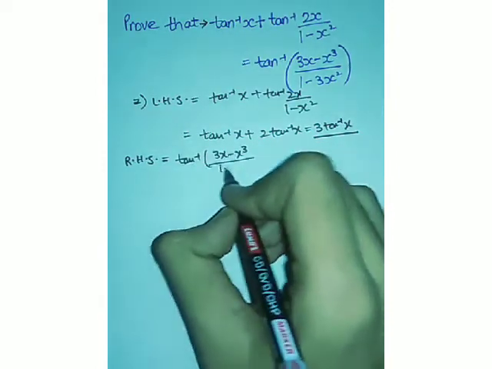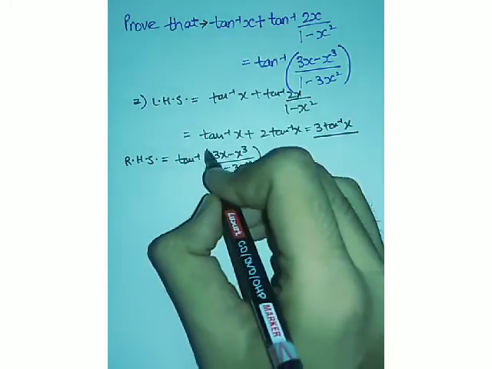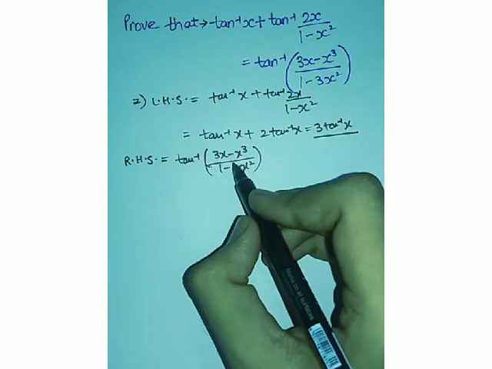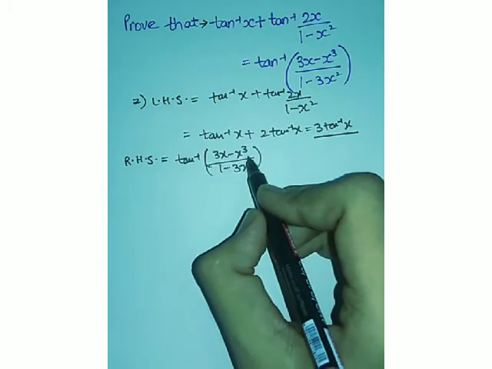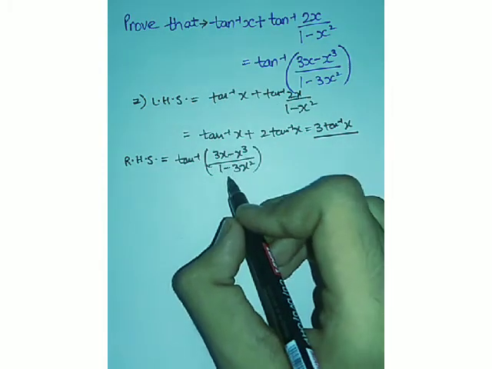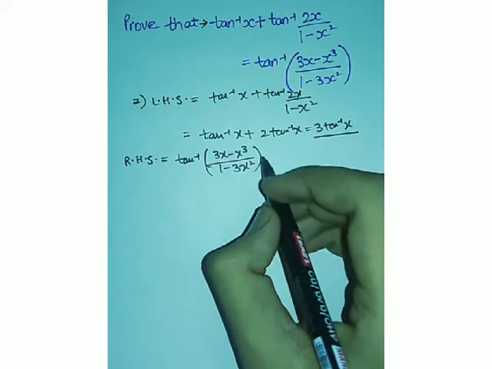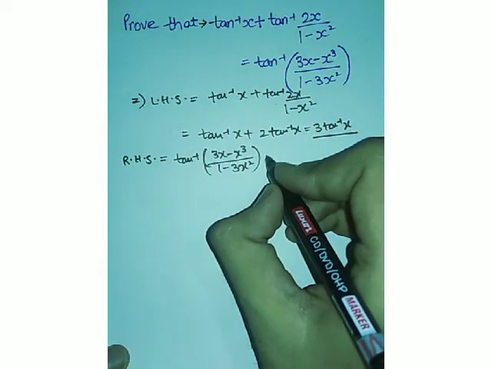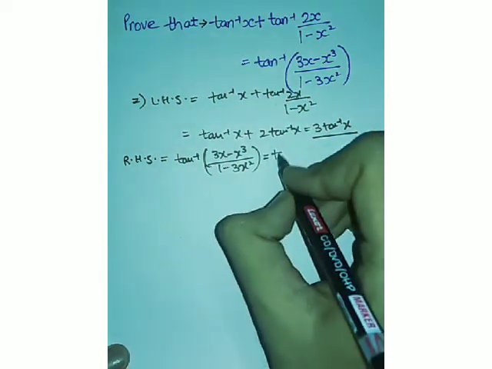This is it, and you can see that this is looking like an identity, because we have an identity that 3 tan theta minus tan cube theta upon 1 minus 3 tan square theta is equal to tan 3 theta. So it's automatically understood that we substitute x as tan theta. What will you get?